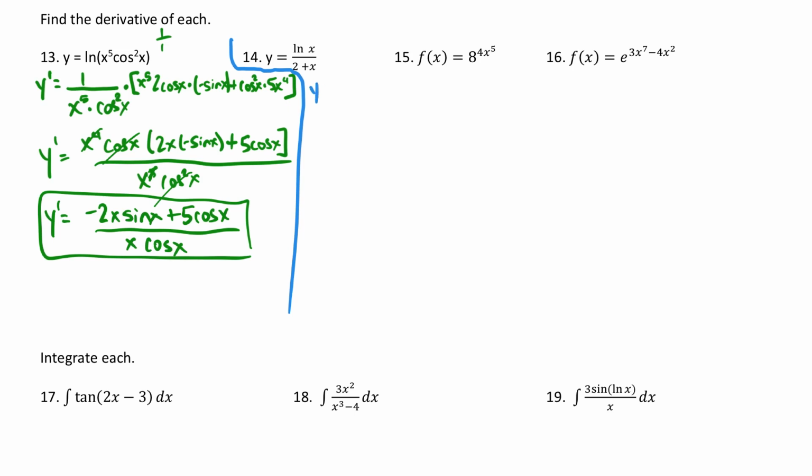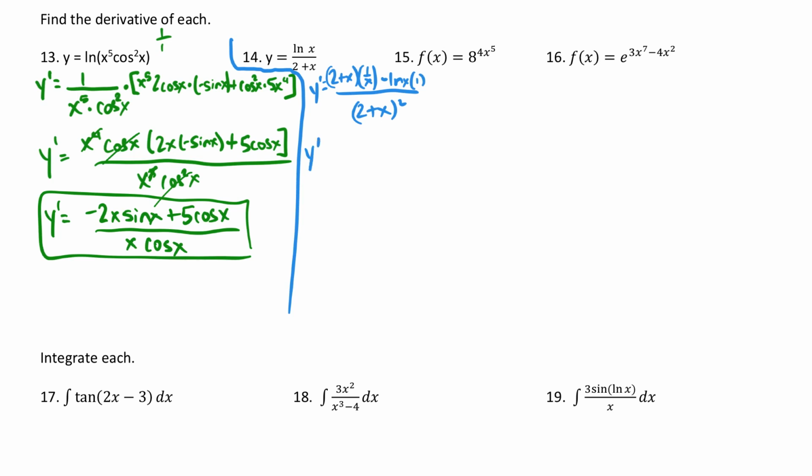Over here, y prime will be, now I need a quotient rule. So this is going to be bottom times the derivative of the top, which is going to be 1 over x, minus the top times the derivative of the bottom, which will just be 1 over this bottom, 2 plus x, quantity squared.